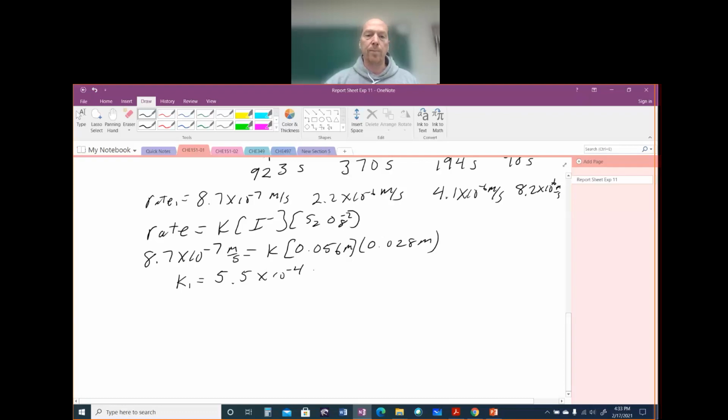Dividing by molarity, you have the second order units for the rate constant k, and that is 1 over molarity times seconds. So that is k1. All right, so to get k2, we plug that in. And so instead of the 8.7, we plug in the 2.2 times 10 to the minus 6. Everything else is the same.